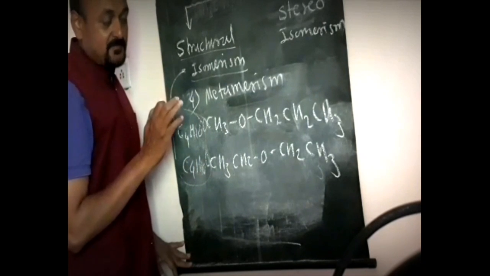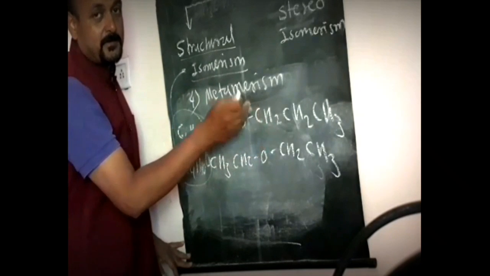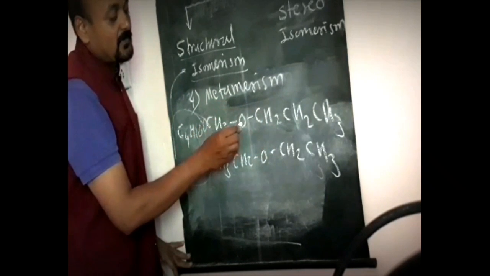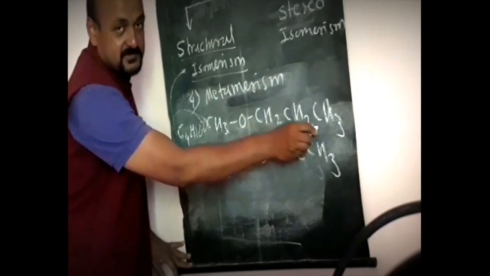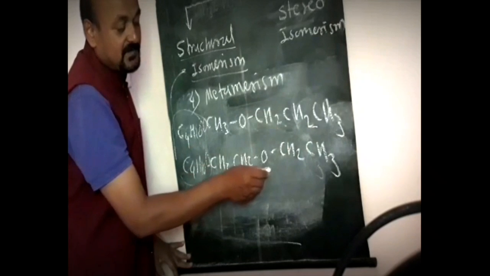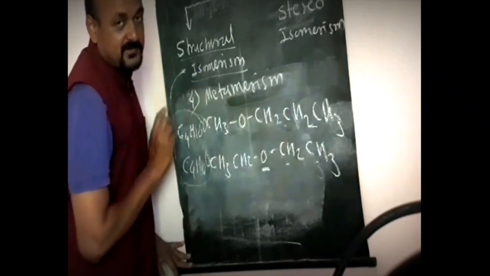But what is the difference? The number of carbon atoms on either side of the functional group is different. For example, here on the right hand side of this functional group there are 3 carbons, whereas here on the right hand side of this functional group there are 2 carbons.